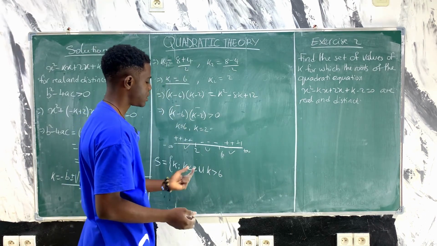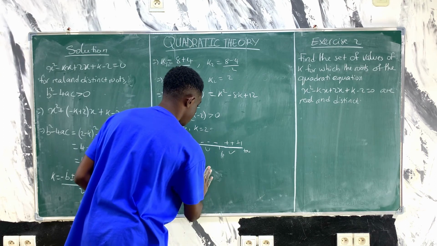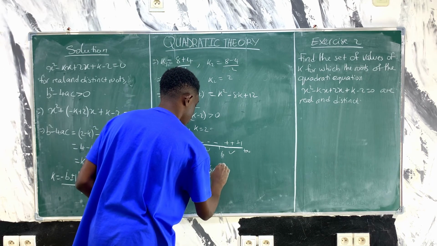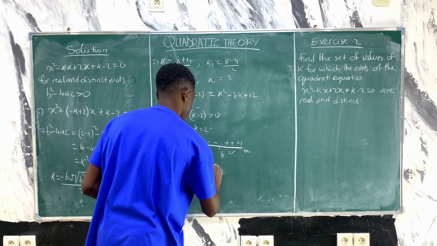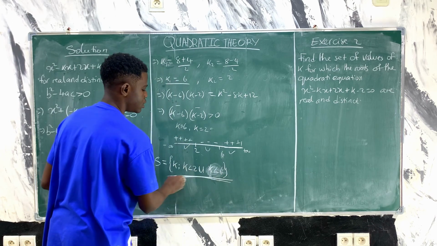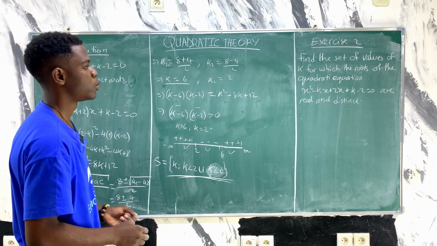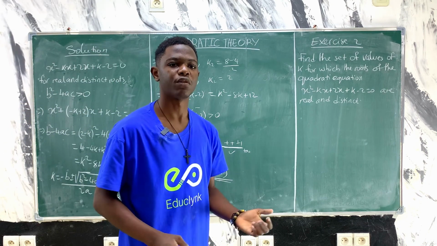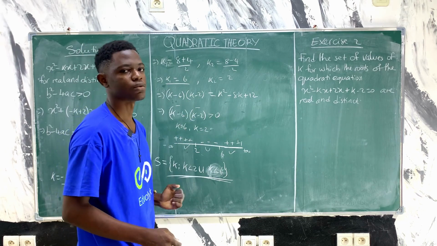Or you can put 6 is less than k. If you put 6 is less than k, it's still correct, but I like it this way. So that is actually the range of values of k for which that equation has real and distinct roots.